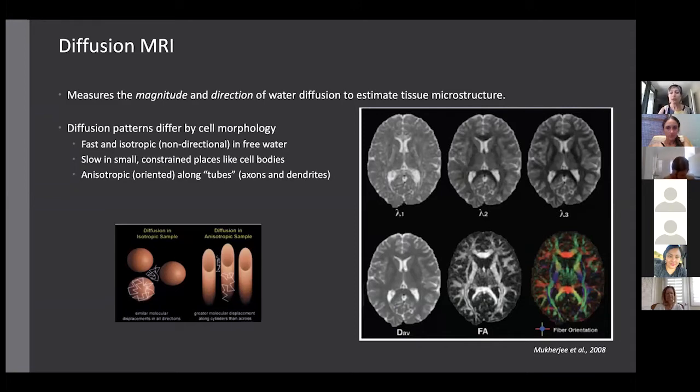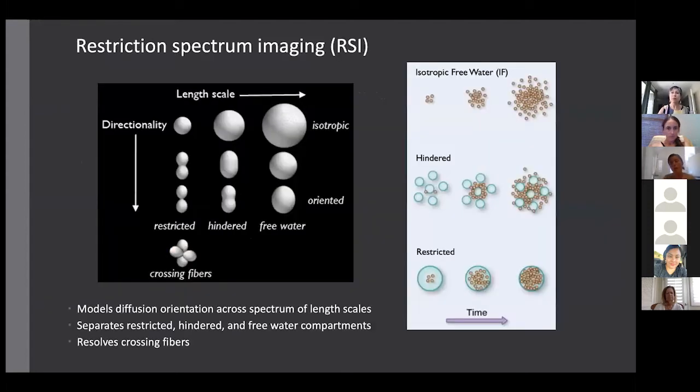Here at UCSD, we have been using restriction spectrum imaging, which was developed by Anders Dale and colleagues. I won't go into all the nitty-gritty details because that will take an entire talk. But basically, it's a multi-direction high B-value acquisition combined with a model of diffusion orientation across a spectrum of length scales.